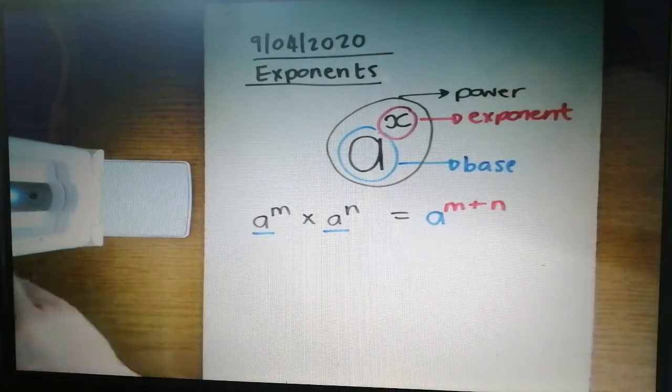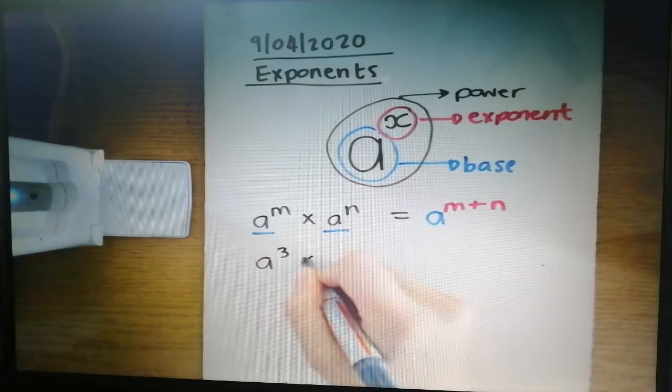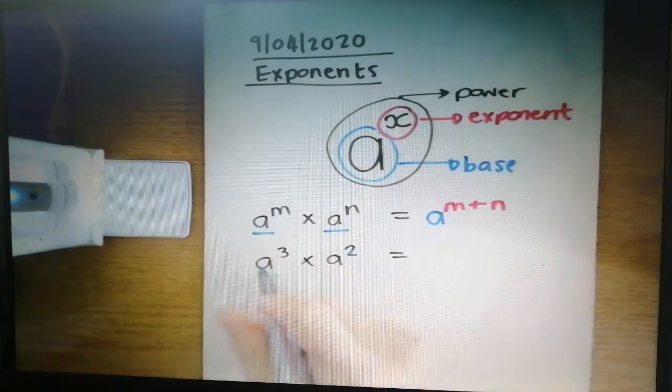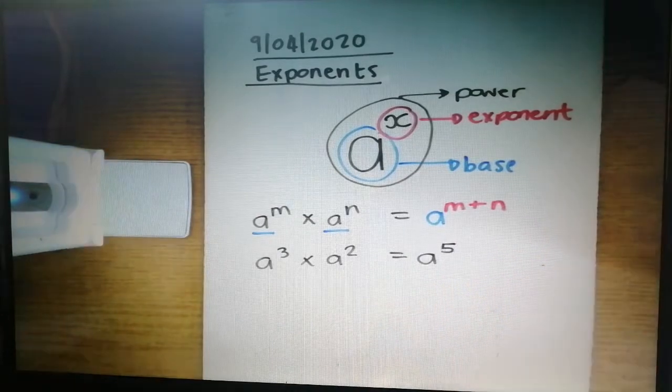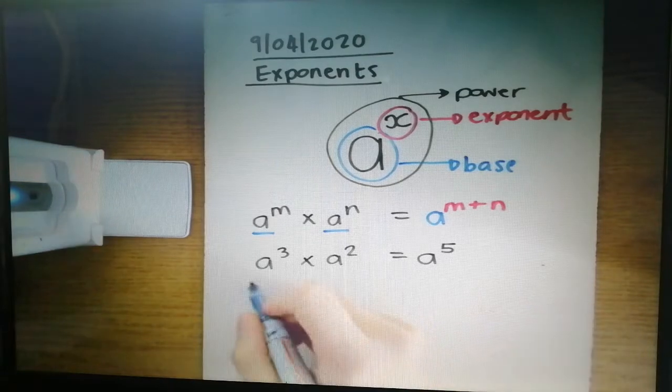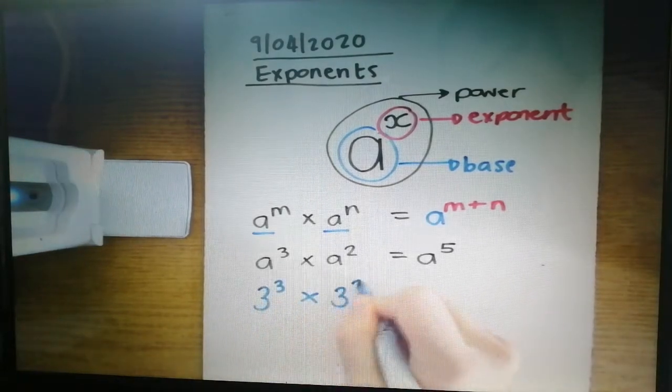And an example would look like this. a cubed times a squared. Like bases, keep the base, add the exponents, a to the power of 5. The part where children get confused is when I have, for example, 3 cubed times 3 squared.